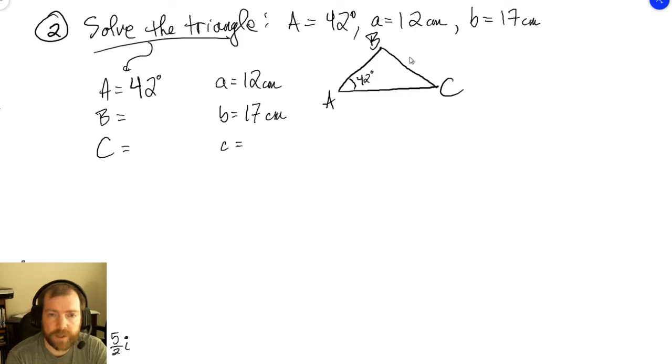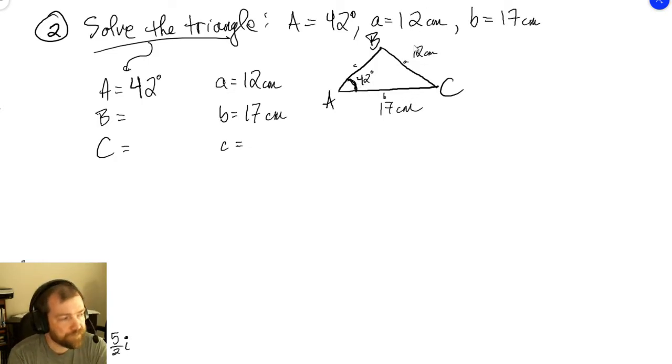Side length a is opposite its corresponding angle. So little a here is the opposite side to angle A, big A, down here. 42 degrees is corresponding with 12 centimeters. b, down here, is 17 centimeters, corresponding with an unknown angle B, and unknown angle C corresponding with little side c.